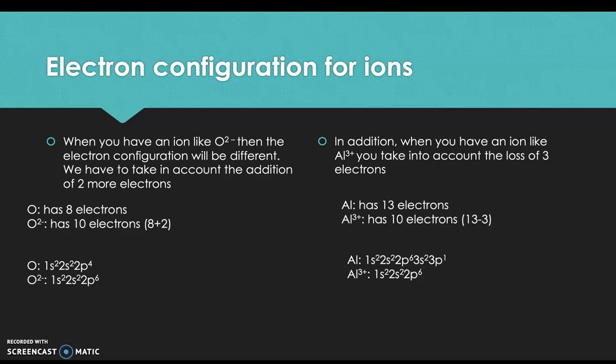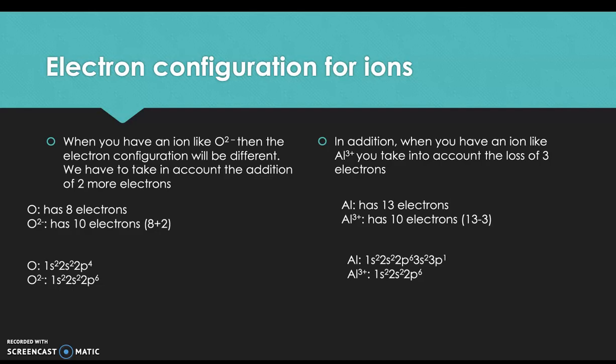This gives us the 10. We already identified on the last slide that oxygen has an electron configuration of 1s2, 2s2, and 2p4. When adding 2 more electrons, the electron configuration would change and be 1s2, 2s2, and 2p6.